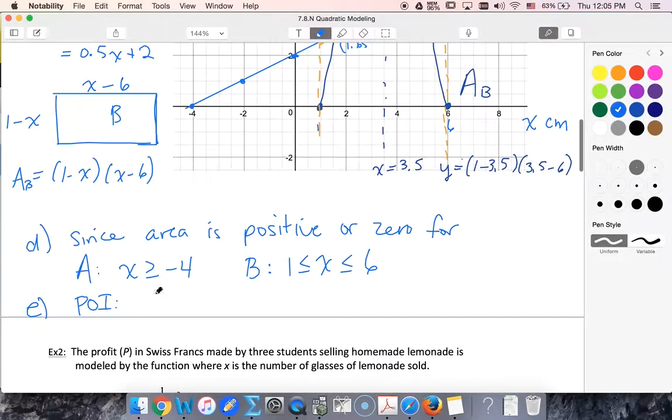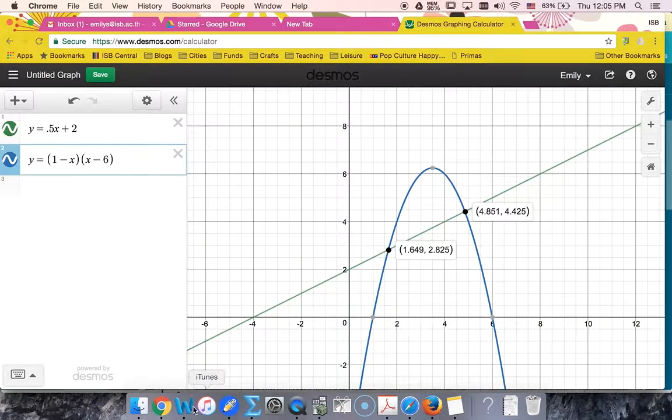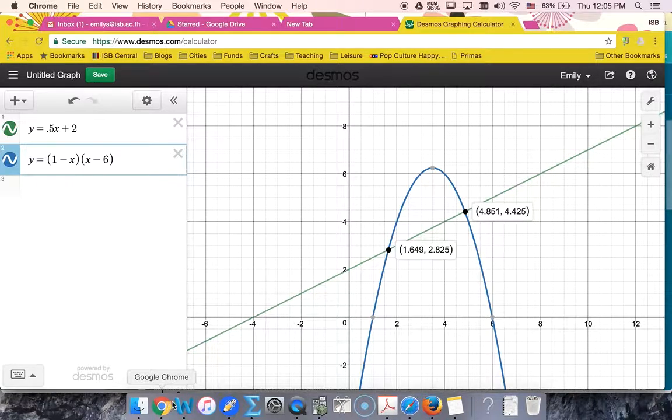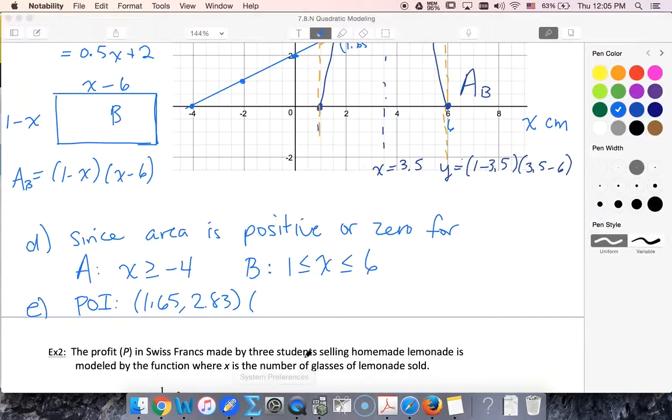So the first point of intersection is at x equals 1.65. The second point of intersection is at x equals 4.85.